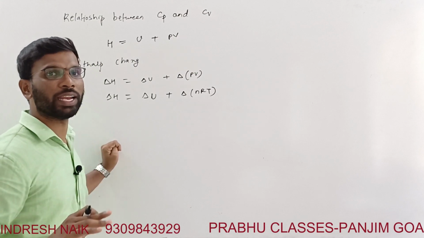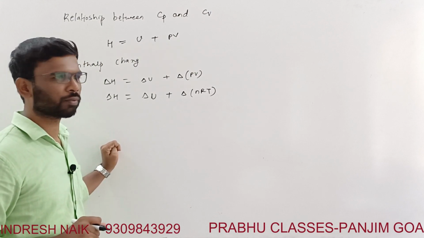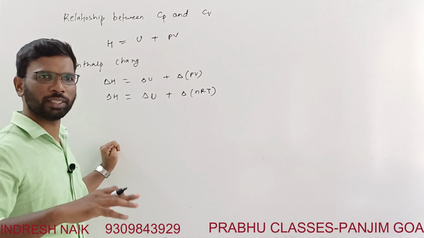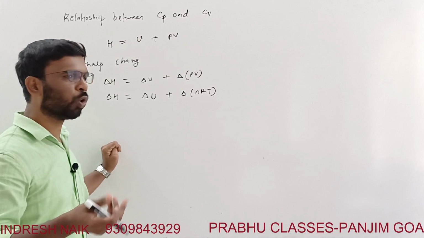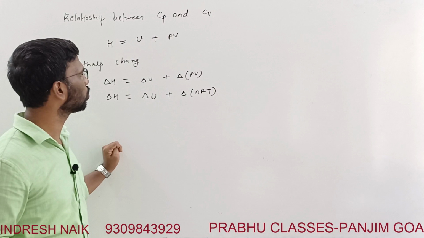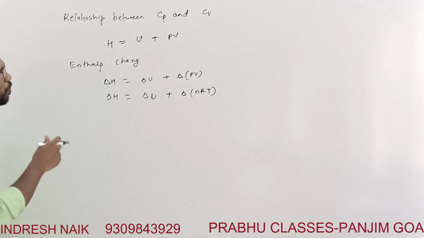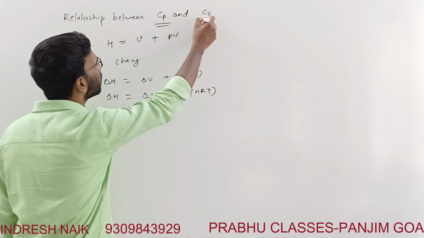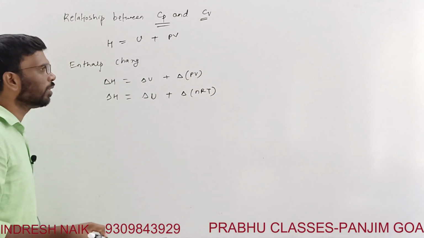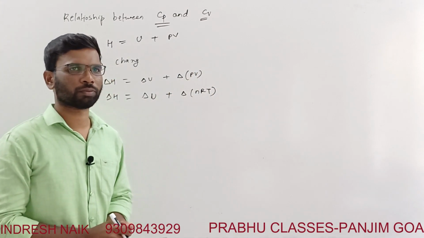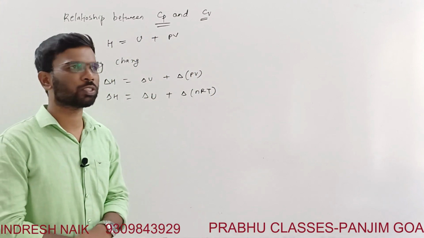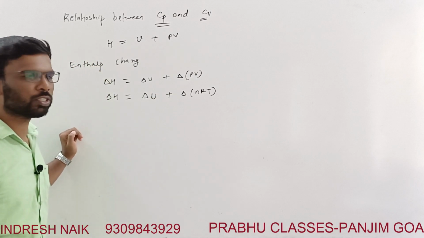Sorry, what I mean to say is that we are finding at constant pressure and at constant volume. So over here, the temperature is going to change. When pressure and volume are constant, the temperature of the system is going to increase.